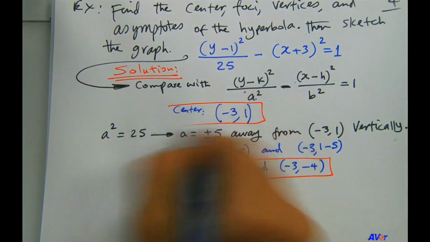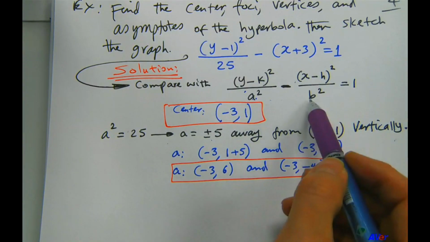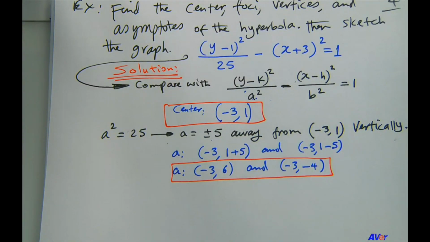So those are the coordinates of the vertices of this hyperbola, and that's the center. So let's find b, because the coordinates from b will tell us where the corner points of the central box are. Remember the central box? Once you identify the central box, the two asymptotes we have, one increasing, one decreasing line, will go through the corner points of the central box. So drawing the central box makes it easier to know where our asymptotes are.